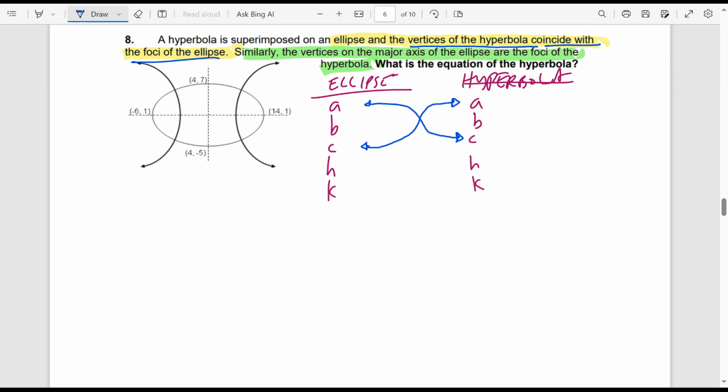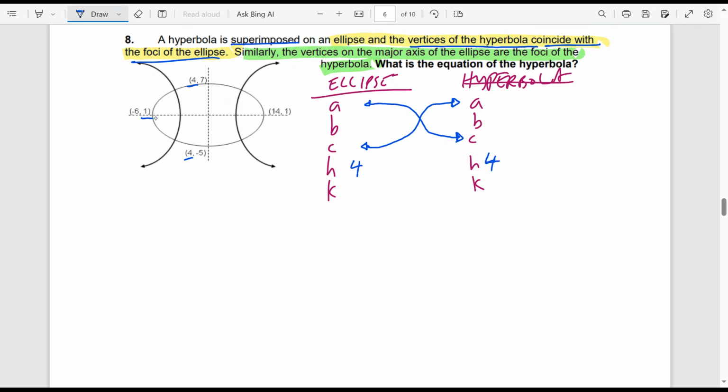Before I go any further, it does say that they are superimposed, and all that really means is that the H and K are shared. Because right here, if I look at the co-vertices, I see that the X value is 4 for both of those, that means my H value has to be 4 for both.